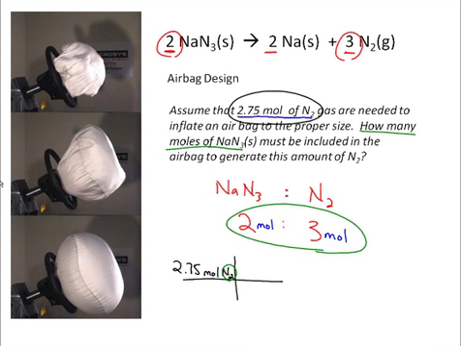I know that what's going to go down, because I have to cancel out my units, is going to be moles of N2 on the bottom, and then because that's what's on the bottom, I'm going to put moles of NaN3, the sodium azide, on the top of my chart here. Finish my chart. And so now the coefficients that are going to come down, well, my coefficient for NaN3 is a 2, and my coefficient for N2 is a 3. So this is the correct way to put those numbers.